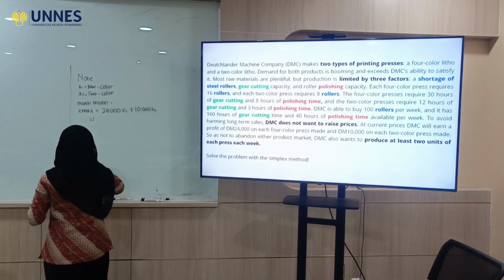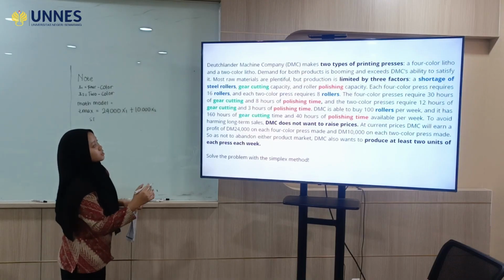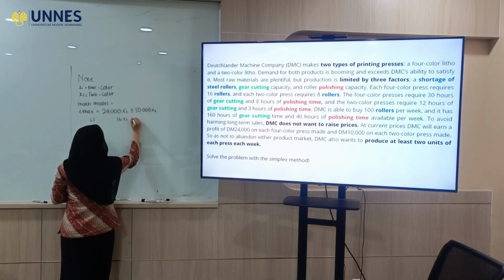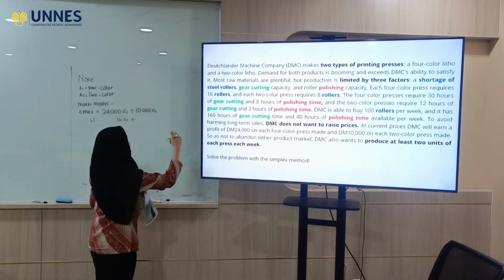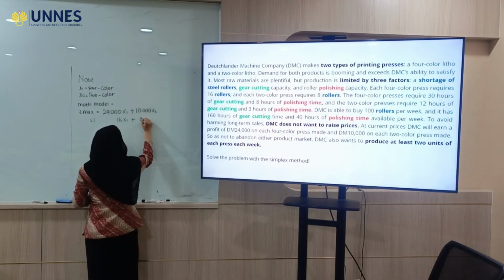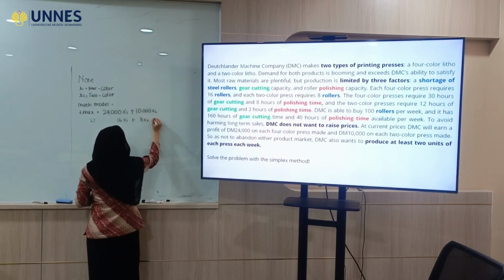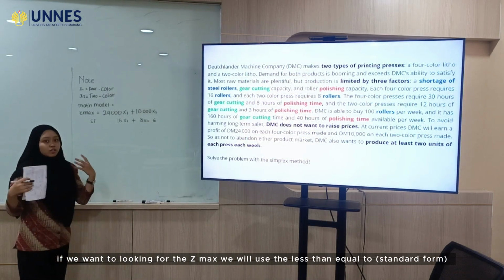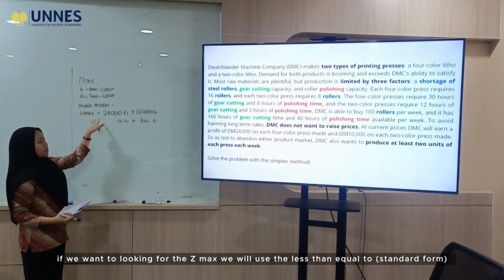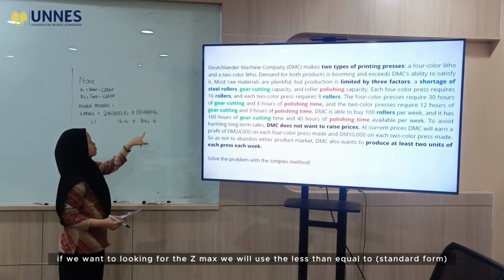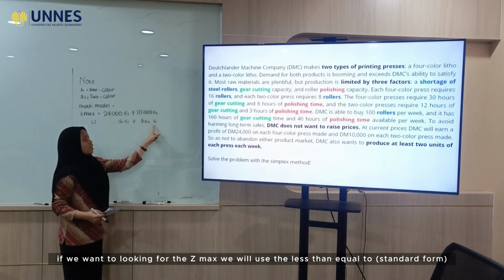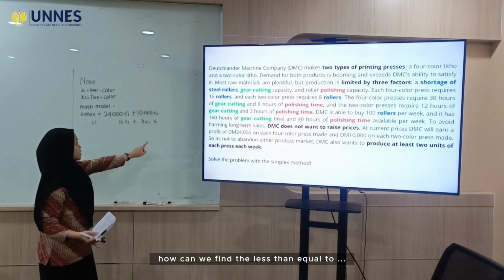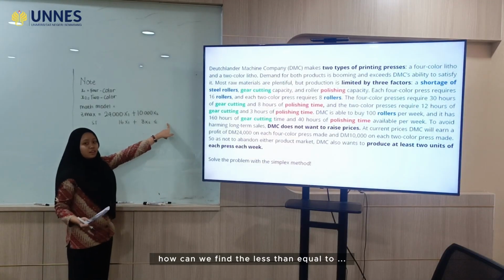So we will write here 16x1 plus 8x2. Because if we want to look for the SIMPLEX, we will use less than or equal to. Now, how can we find the right-hand side?